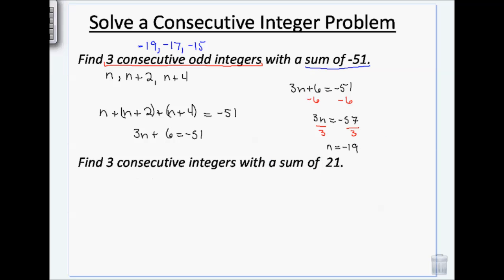Consecutive integers, just plain old consecutive numbers: n, n plus 1, and n plus 2. I want them to have a sum of 21, so I add them together, and that is equal to 21. I have 3 n's plus 3 is equal to 21.